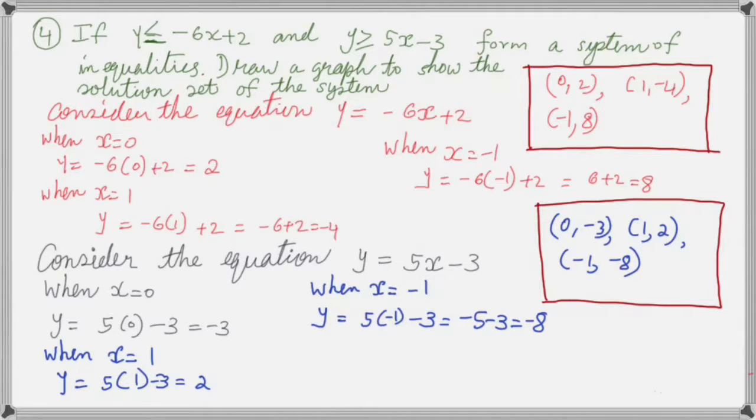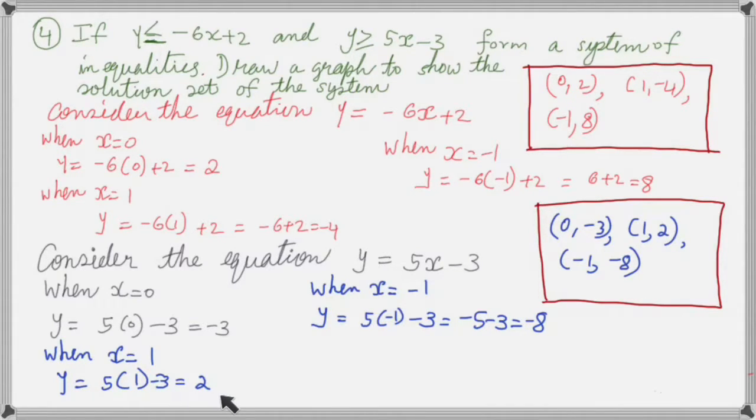Same as we did before, find some coordinates of x and y. When x equals 0, y equals 5 times 0 minus 3, which is negative 3. So you got one coordinate. When x equals 1, find the value of y. Same as before, all you have to do is substitute x in this equation with 1.